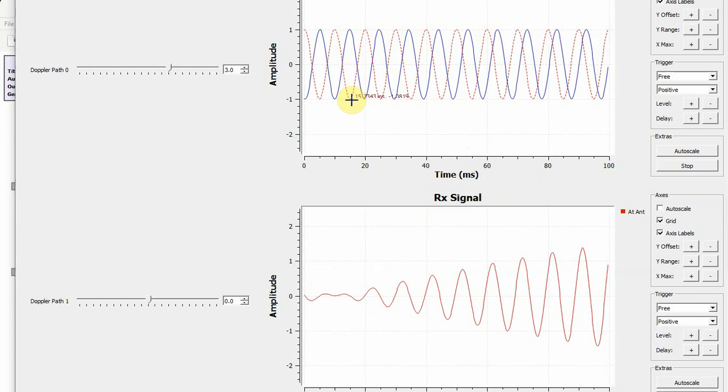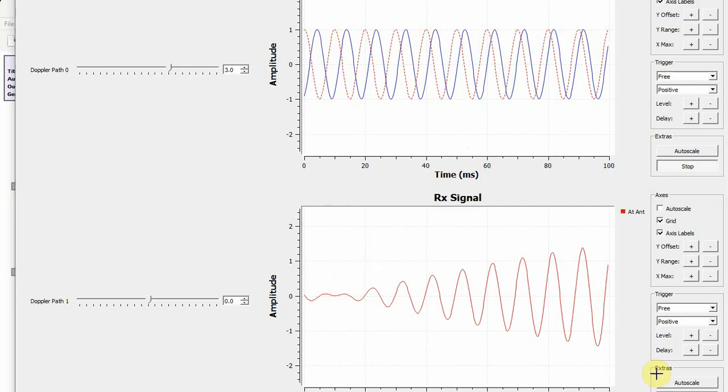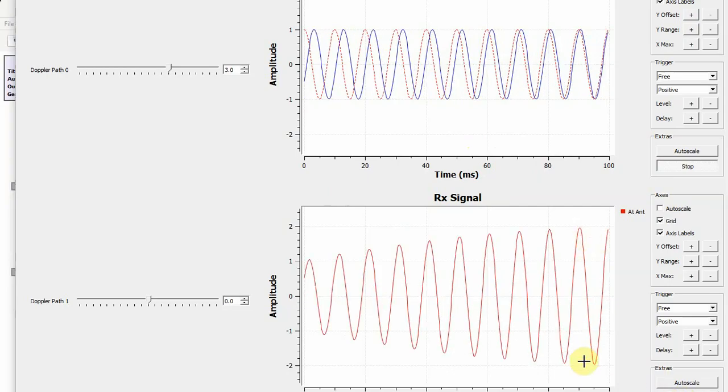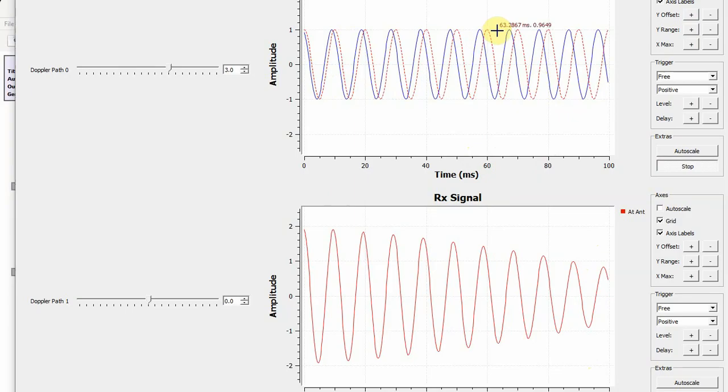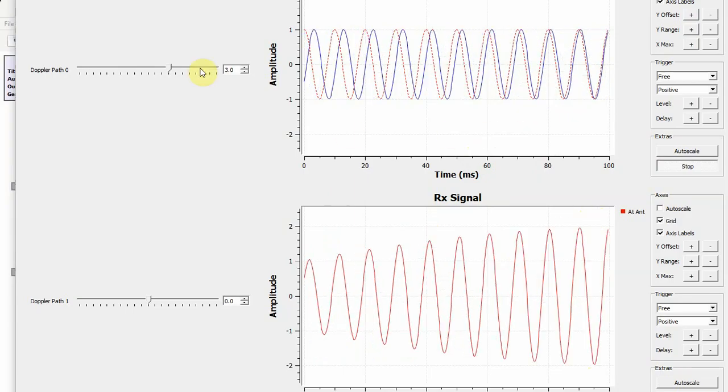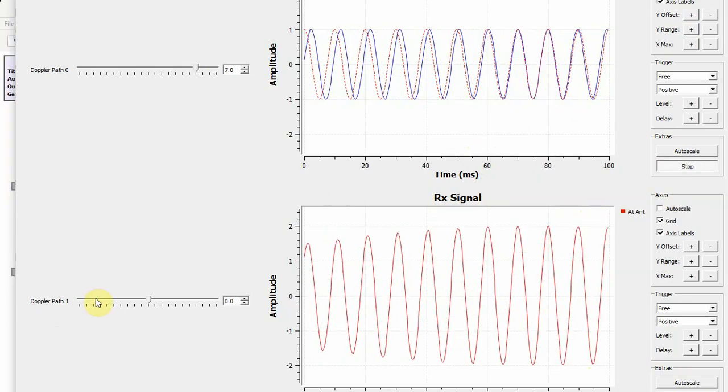When the two waves add out of phase, we have a trough. And when they add together in phase, we have a crest. This is how Doppler shift in a way modulates the envelope.